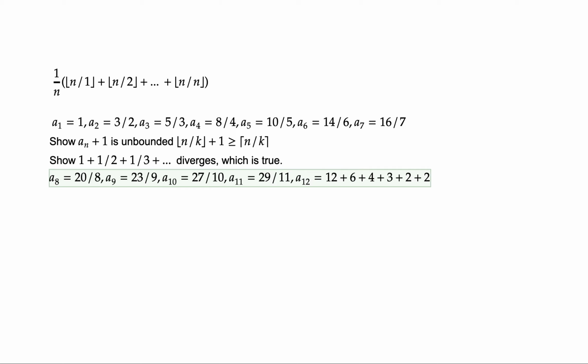And then now we have from 7 to 12, so that's plus 6. 10, 13, 17, 23, 35. So 35 over 12, looks like it's greater than the previous one.